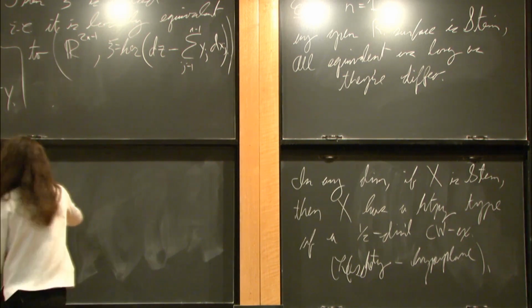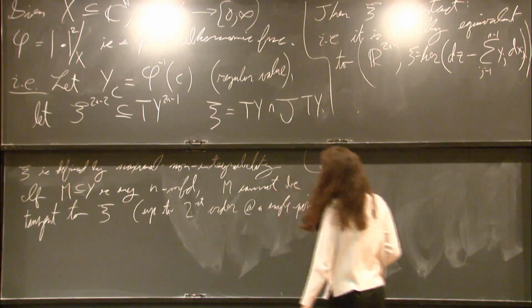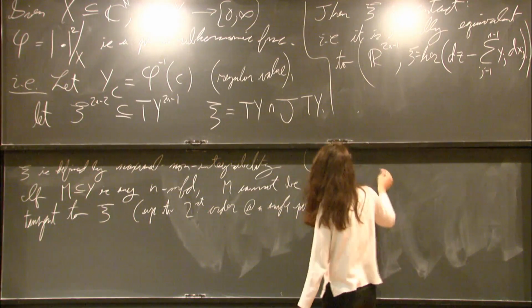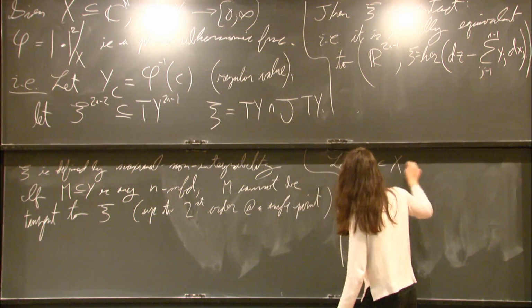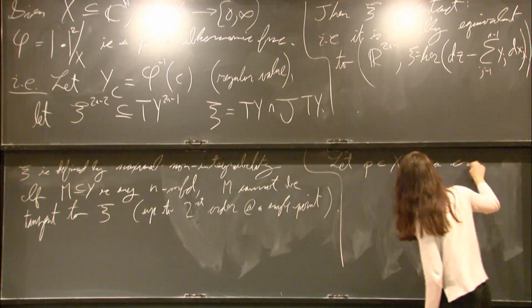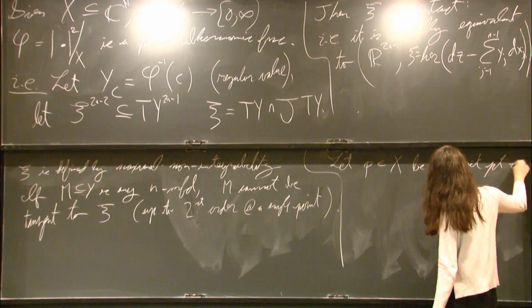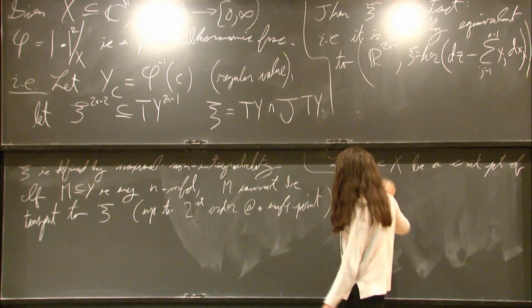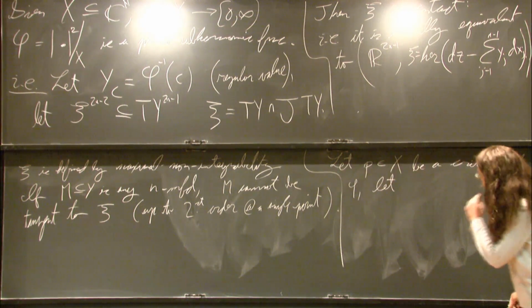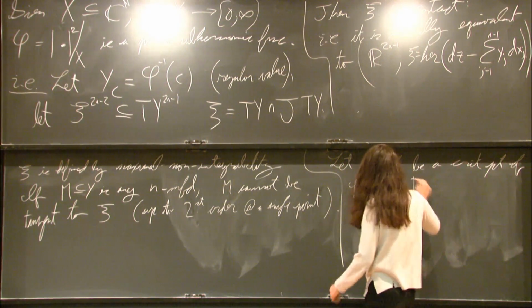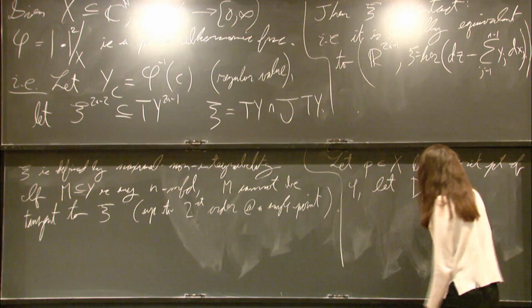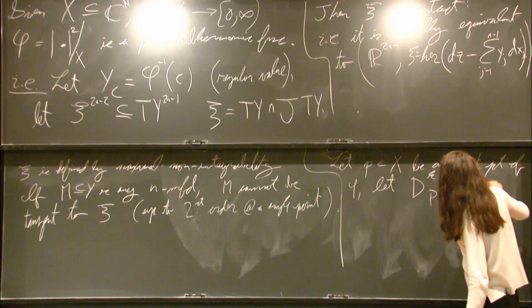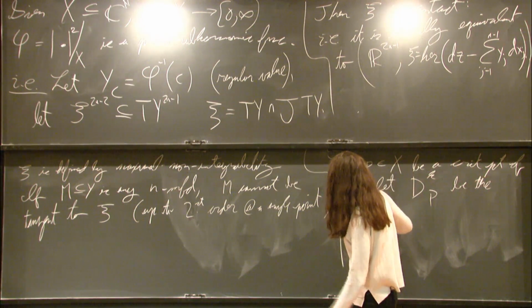So I'm going to let, let's say, P in X be a critical point of phi. And I'm going to let D_k(p) be the stable manifold.